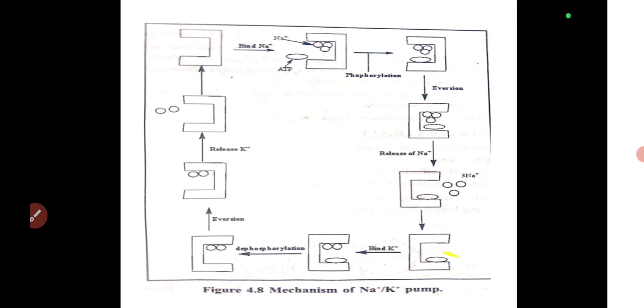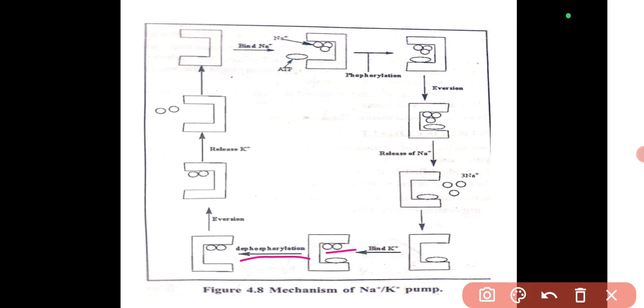Now we can still find the ATP molecule here. Then from the extracellular fluids, 2 K plus ions bind. Then dephosphorylation takes place: as soon as the binding of K plus ions is finished, the ATP molecule will detach from the cell membrane, and it is called dephosphorylation.